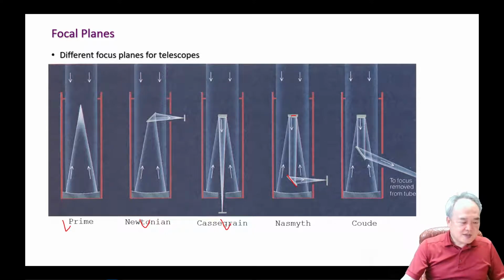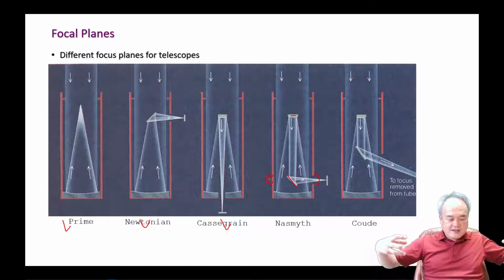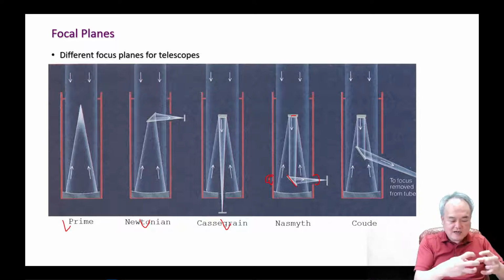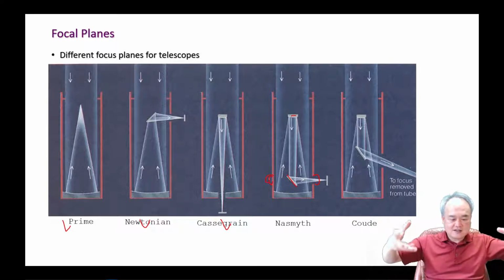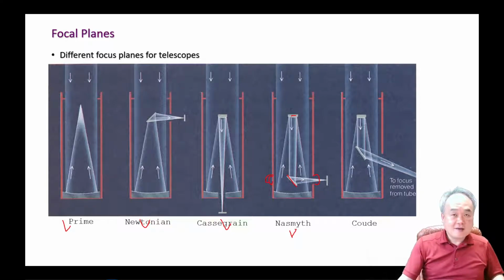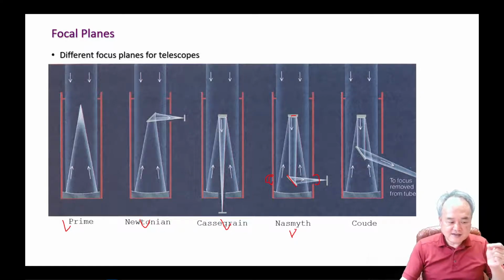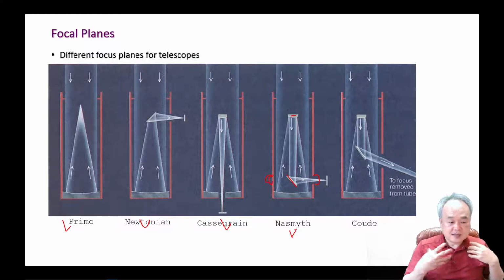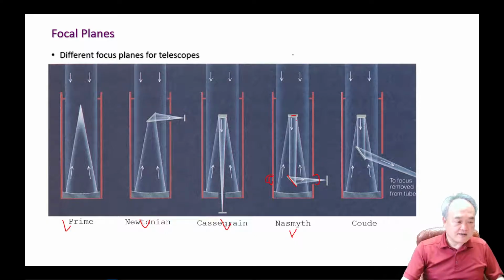This location is usually the support axis of the telescope tube. So the focus is brought out from the support axis of the telescope tube, and this is surprisingly very convenient to use, and it also provides an advantage for the modern-day large telescope, as you will see more specifically in a later slide.